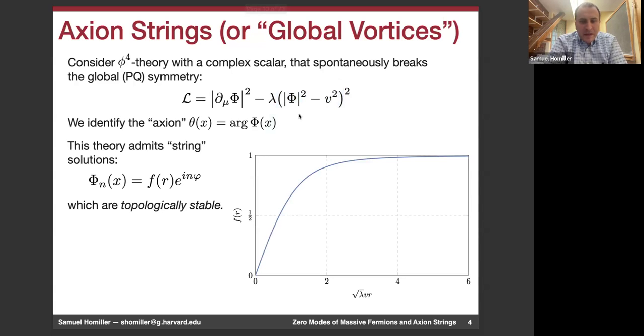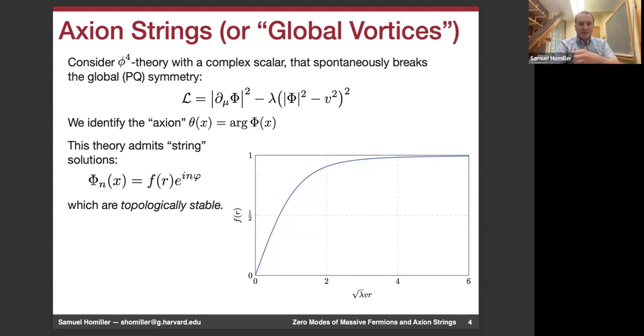All right. So you can think about this in the regular vacuum where you just have this massless Goldstone boson. But what becomes more interesting is that this very, very simple theory, in addition to the normal vacuum, admits string solutions. These are classical field configurations where the scalar field has some non-trivial winding.